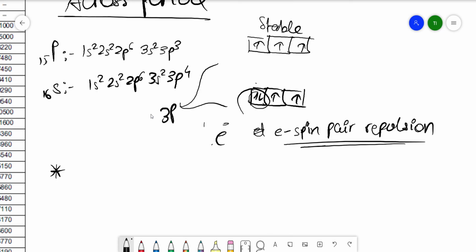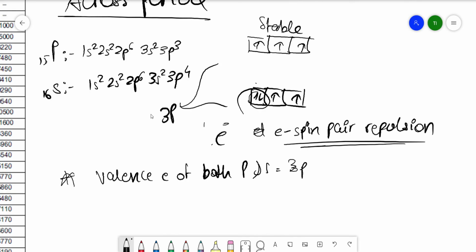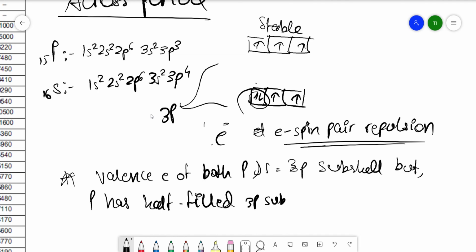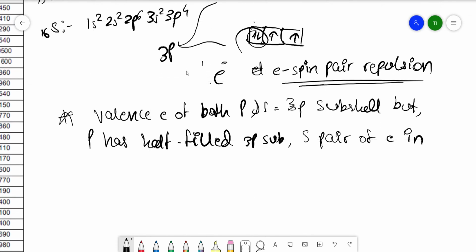What you have to say is basically that the valence electrons of both phosphorus and sulfur are in the 3p subshell, but phosphorus has a half-filled 3p subshell, whereas sulfur has a pair of electrons in one of its 3p orbitals.